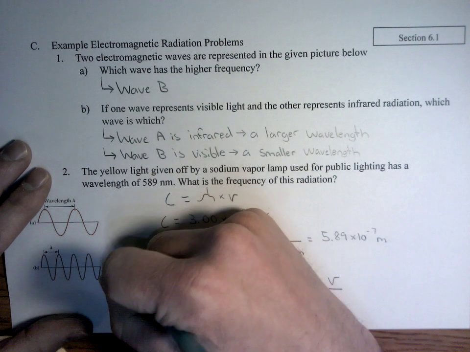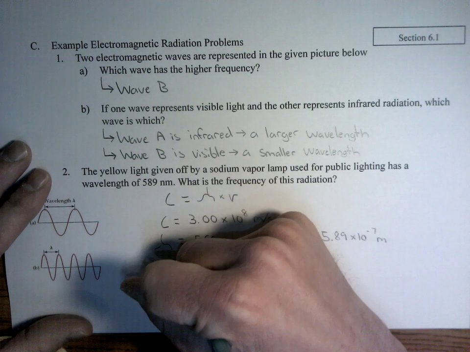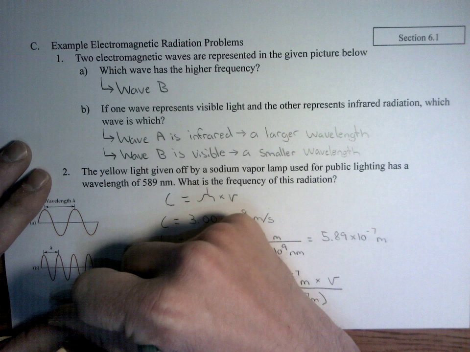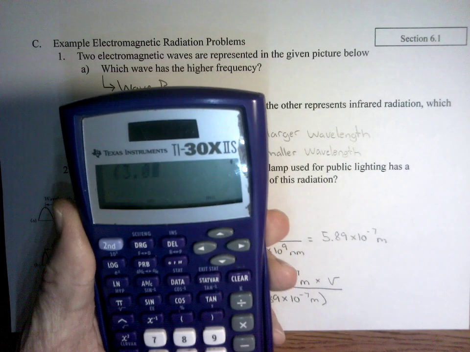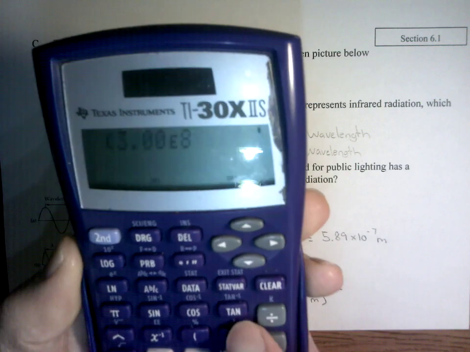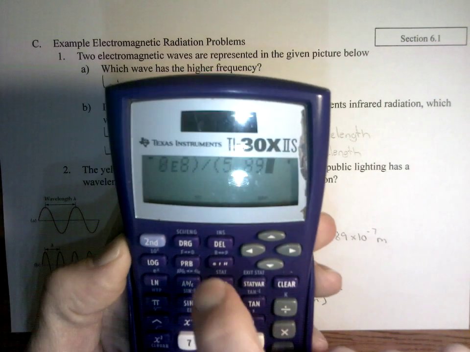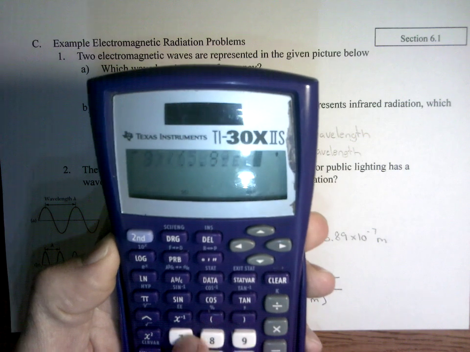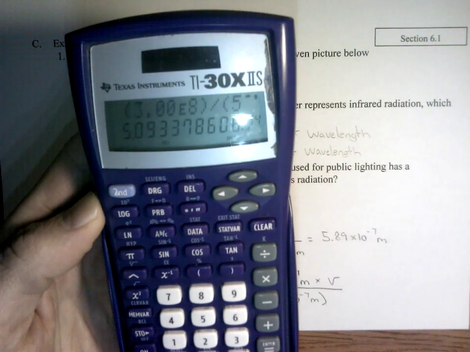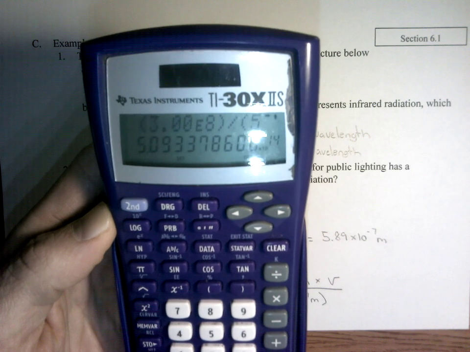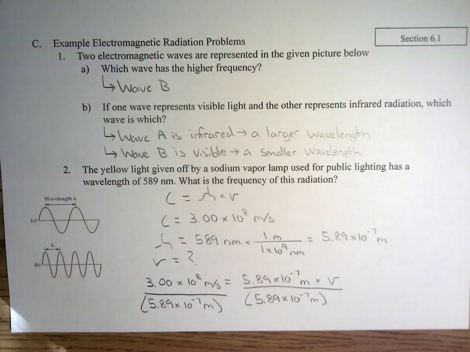And when we do that, we take 3.00 times 10 to the 8th, divide it by 5.89 times 10 to the negative 7th, and we get a value of, when we round, 5.09 times 10 to the 14th hertz.